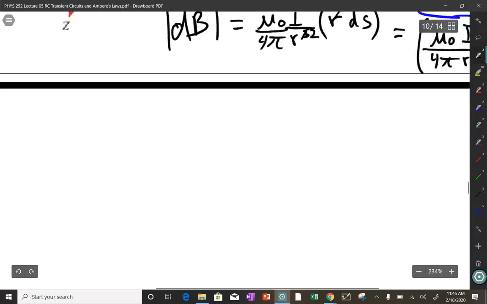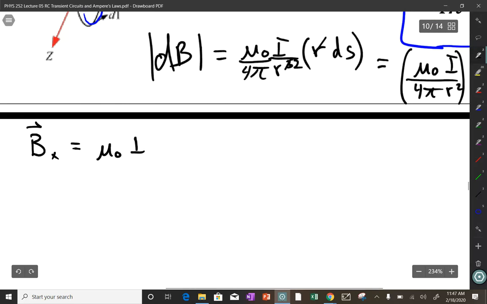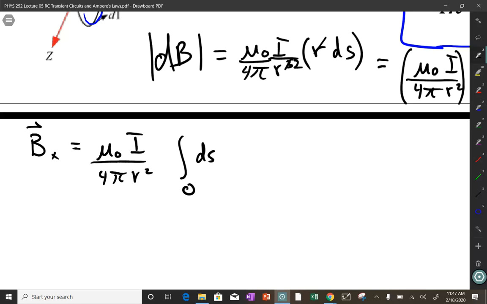So now if we do b in the x direction, that's equal to mu naught, and let me just write it so I don't make a mistake. I'm starting at 0. If I go around the circle, where am I going to end with ds? 2 pi r.